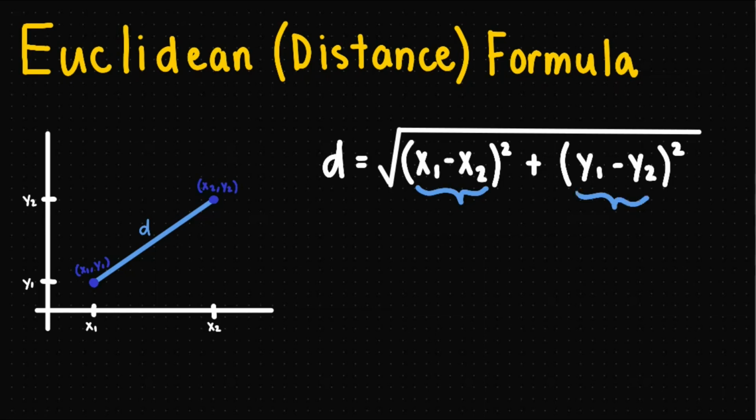Take note that this is interchangeable, so you can have here x2 minus x1 or y2 minus y1, since we have a square outside. So even if the outcome is negative, we'll still get a positive result due to the square.